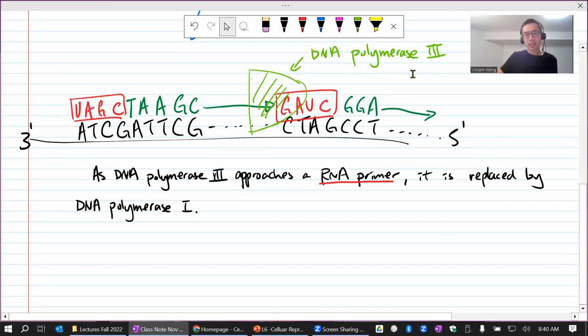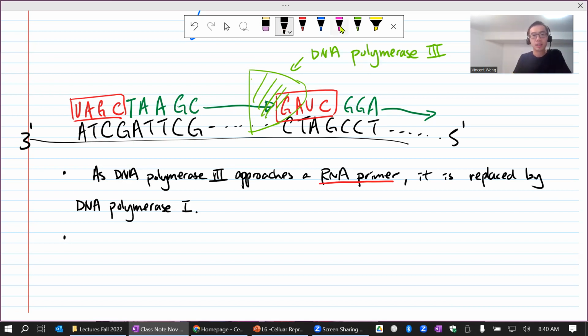So when the DNA polymerase 3 gets to the junction of where the primer is, number 3 is going to fall off, and then number 1 will carry on. And the job of DNA polymerase 1, I'm not going to draw it.